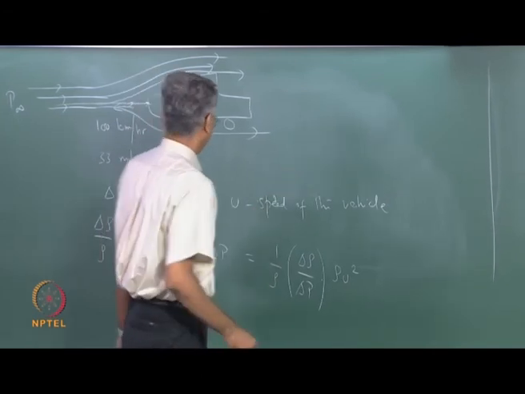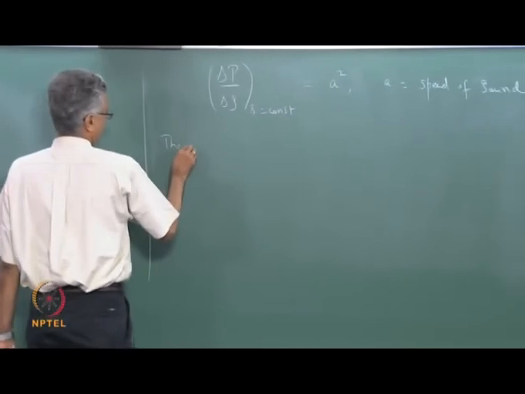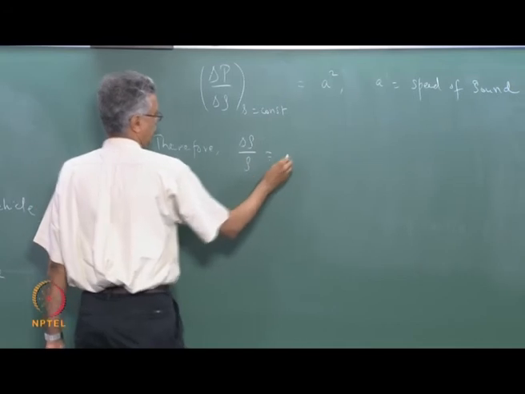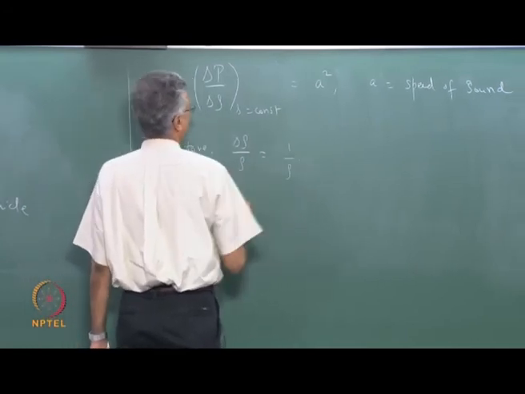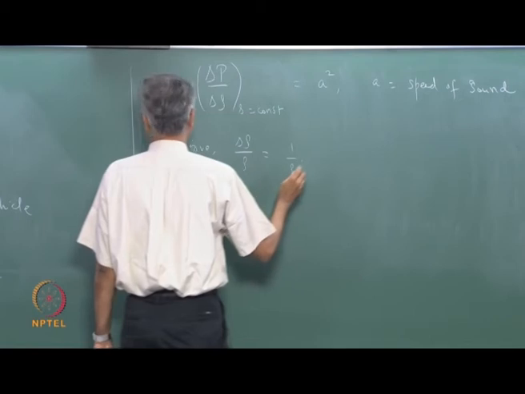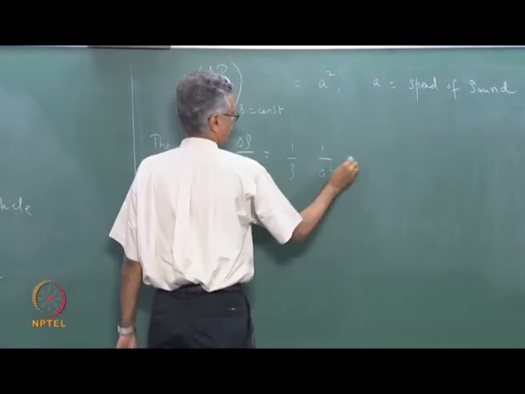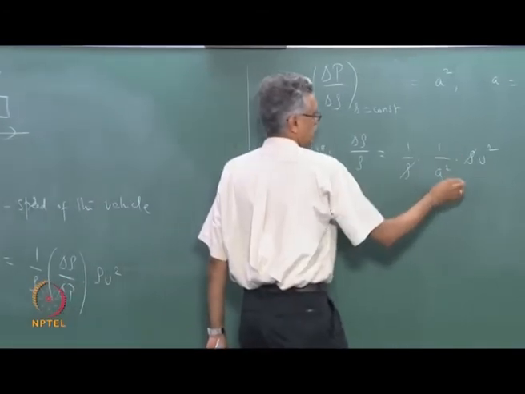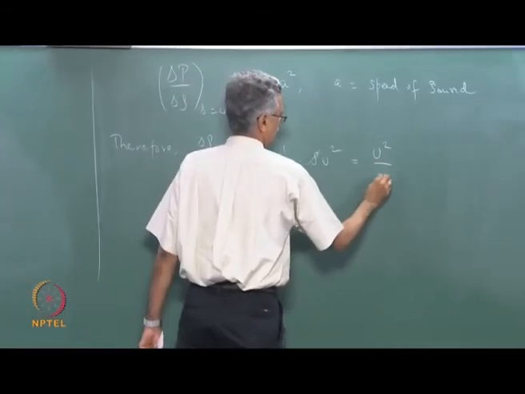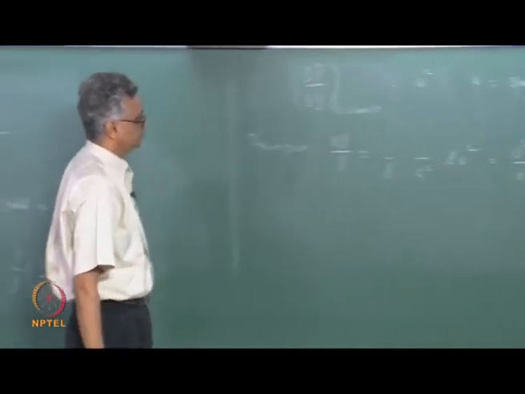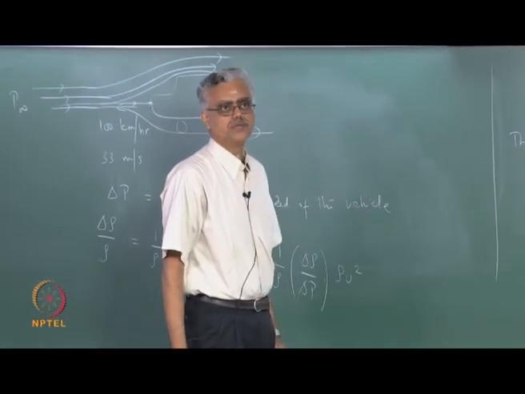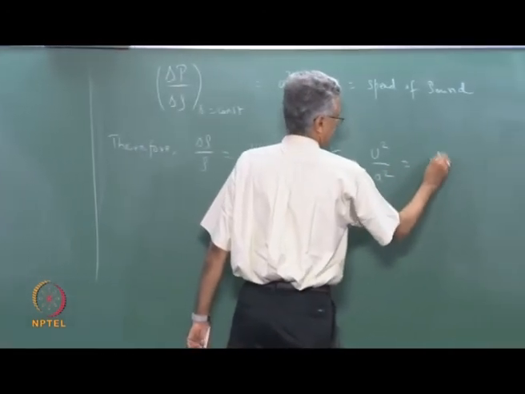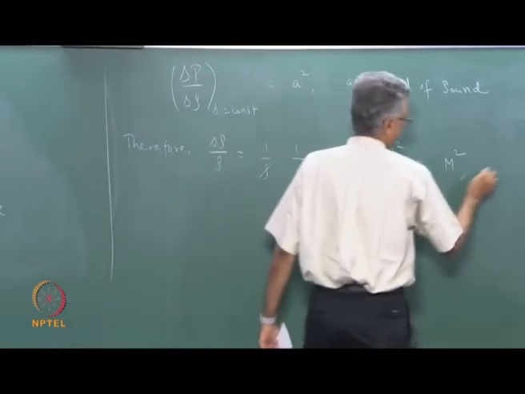So if I introduce that here, I get, so I cancel out these two quantities, I end up with the characteristic speed divided by A square, the speed of sound, which is nothing but the square of the Mach number, where M is the Mach number.